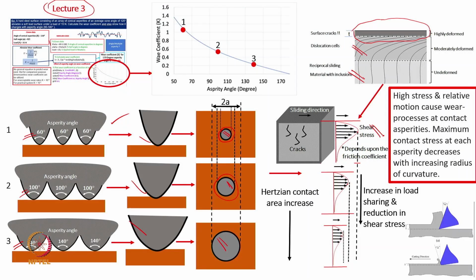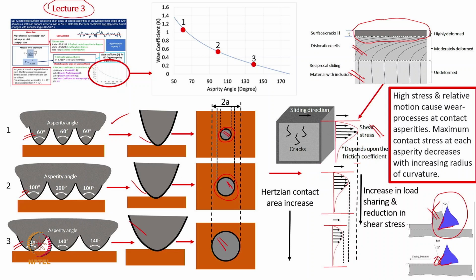Just for a more illustrative purpose, the student must have already covered something like cutting tool geometry also. We know very well when a cutting tool has a very sharp edge, then chipping will be happening, and the material removal rate will be on the higher side. When it has a blunt edge, maybe say contact angle is on the higher side, we have seen that debris formation will be lesser, chip formation will be lesser.